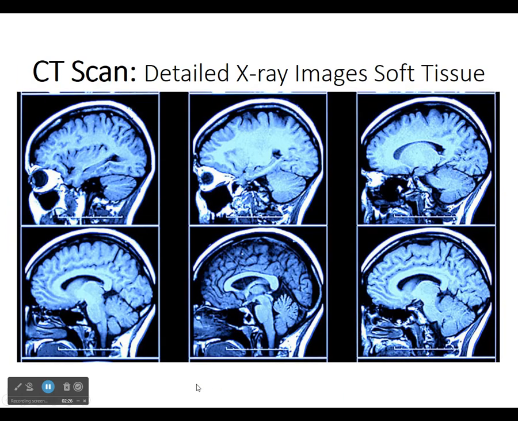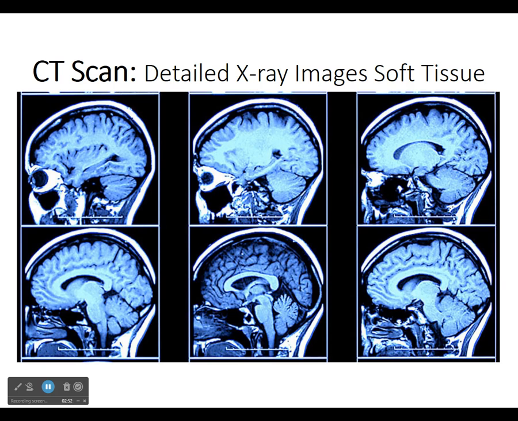The CAT scan, you can see, produces a slightly different image than what we got out of the EEG. The CAT scan is going to employ a detailed X-ray that images soft tissue, which allows us to see various structures in the brain. However, as you could probably discern from these pictures, it doesn't tell us much about what's going on in those structures.